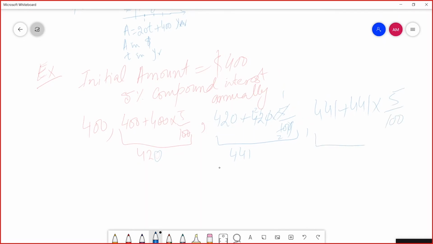And what is this amount equal to? Can you use the calculator to let me know? I don't have the calculator. You don't have the calculator? Okay, I'll just check it then.